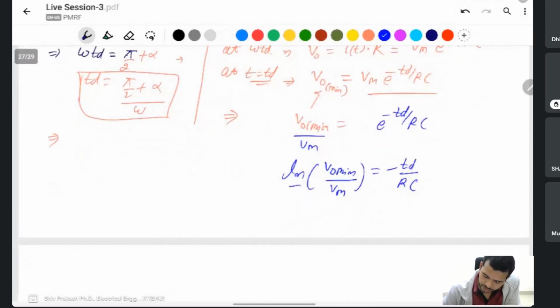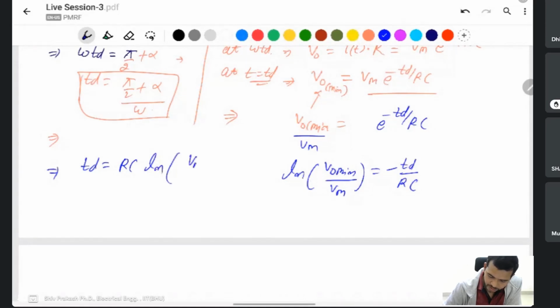and ln, if you take a negative value here, then you find Td is equal to RC, and here the numerator and denominator interchange for the negative value, then we find Vm divided by V output minimum.